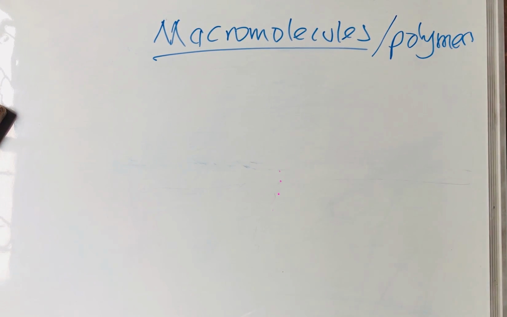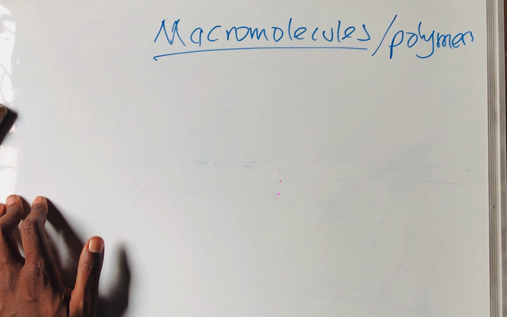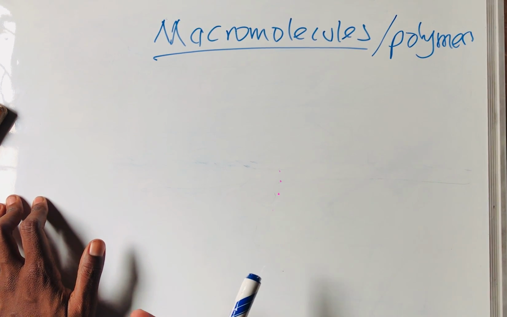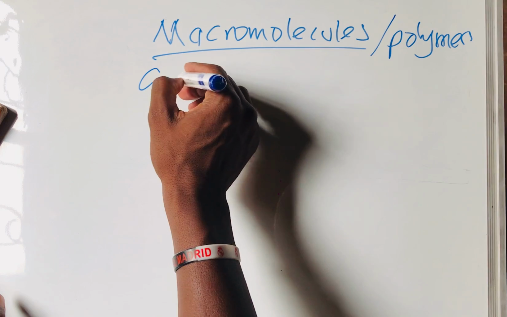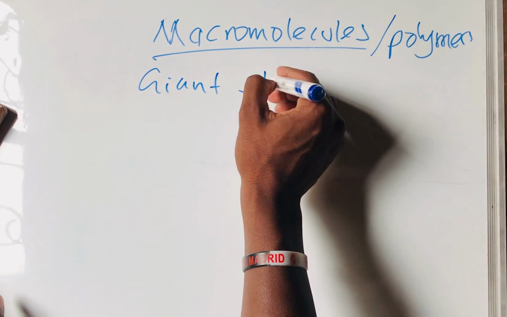So how do we define a polymer or a macromolecule? Macromolecules are simply giant structures that are formed when small units or small molecules known as monomers join together.